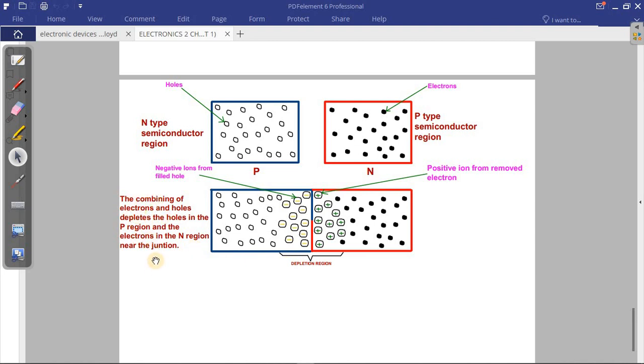The depletion region is the combining of electrons and holes, depleting the holes in the P region and the electrons in the N region near the junction.